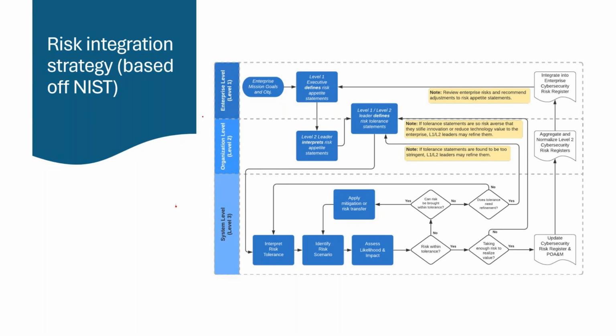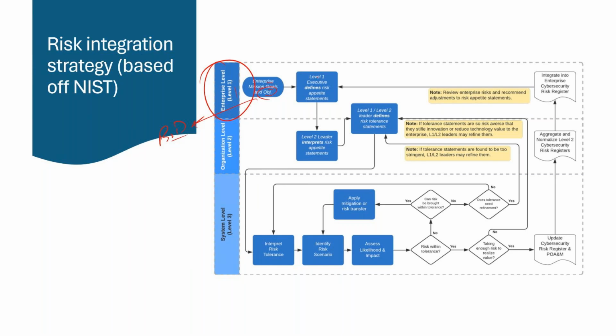But in an ideal case scenario, on an enterprise level, which is really level 1, the business would define an enterprise mission, goals, and objectives. And these are a set of specific documents signed off by the board of directors, and published across the whole enterprise.